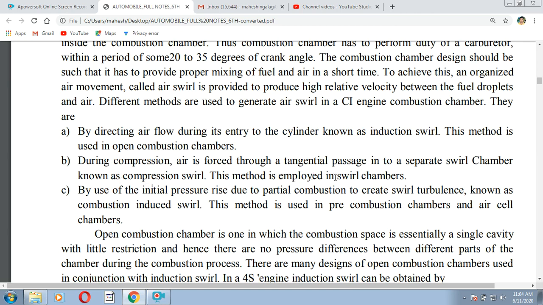This method is employed in swirl chambers, that is the turbulent chamber and other chambers. Using the initial pressure rise due to partial combustion to create swirl turbulence is known as combustion induced swirl. This method is used in pre-combustion chambers, as well as air cell chambers.